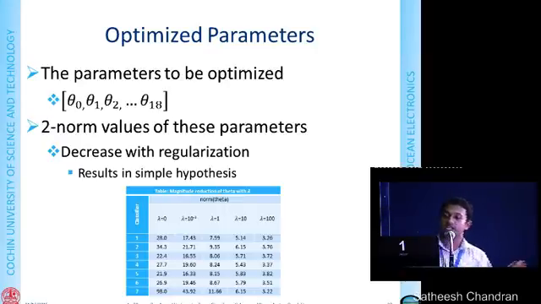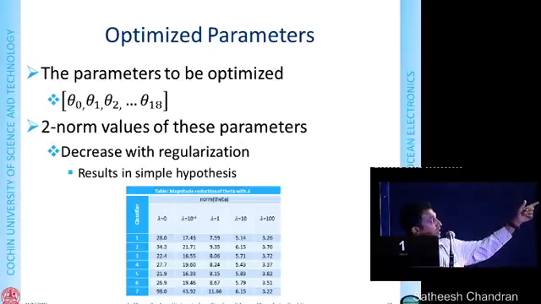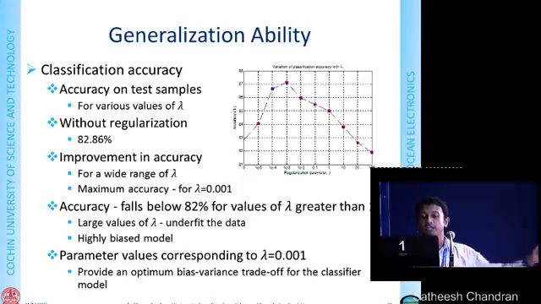In order to test the generalization ability, the classification accuracy has been tested on test samples for various values of lambda. We can see that without regularization, that is for lambda equal to 0, the classification accuracy is only 82.86%, and this accuracy increases for a wide range of lambda.